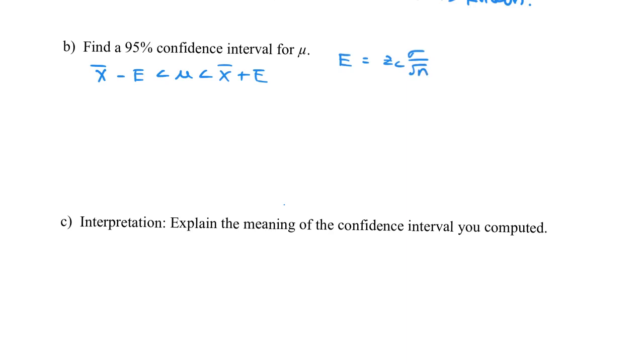Z sub C, well, that's just our critical value, and it comes from 95% here. So every time we have one of these problems, they're going to put a percentage down here. We already talked about it's normally going to be either 90, 95, or 99. And then we have to look at that little table, right?